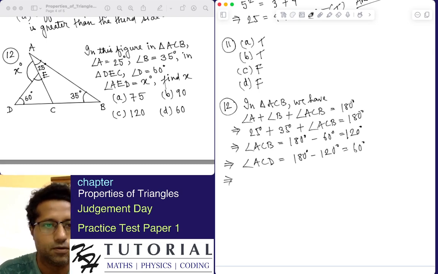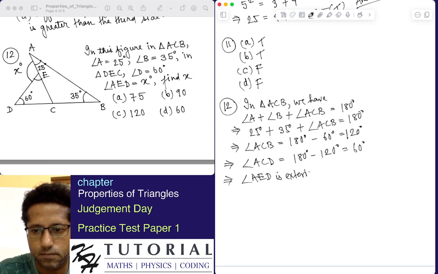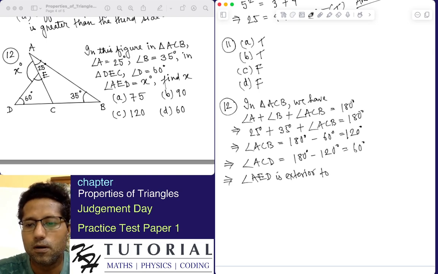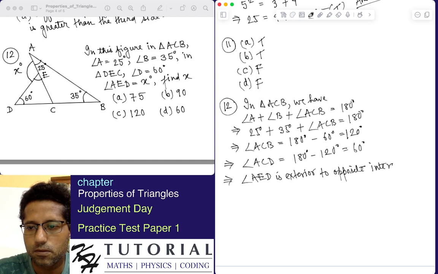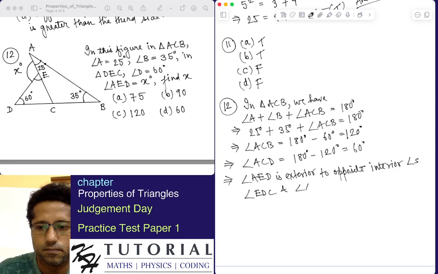We know that angle AED, which is x, is exterior to the opposite interior angles, angle EDC and angle ACD.